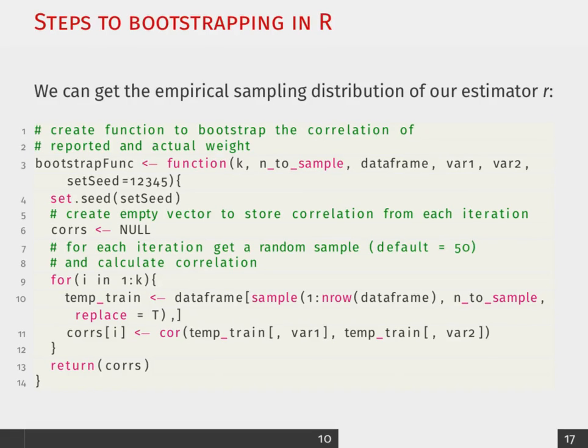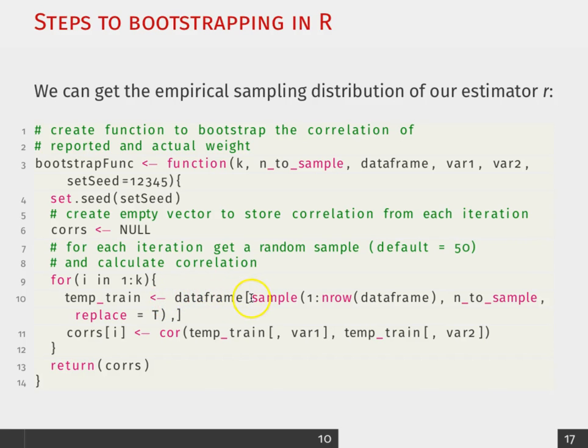So in R, this looks like, again, we're going to set our seed. In this case, I'm setting our seed to 1, 2, 3, 4, 5. We're going to create an empty vector in which we're going to store the correlation coefficient from each round in the bootstrapping. And here, what I'm doing is what I did in the previous slide.